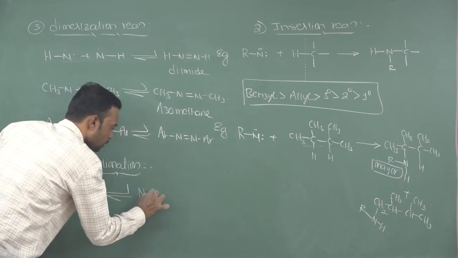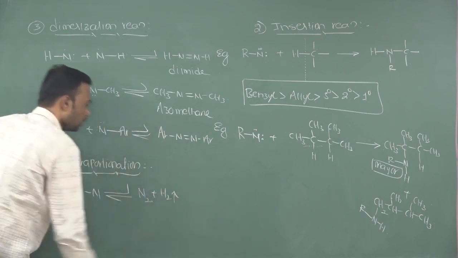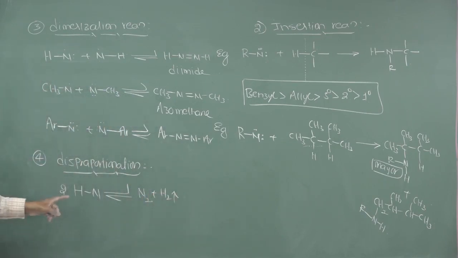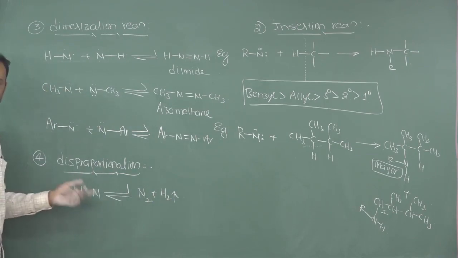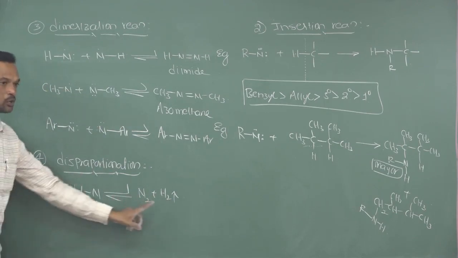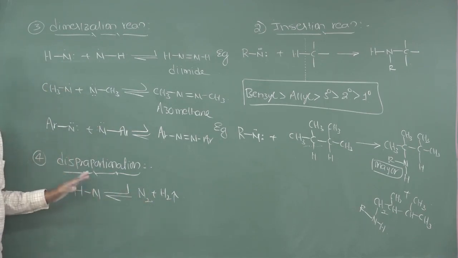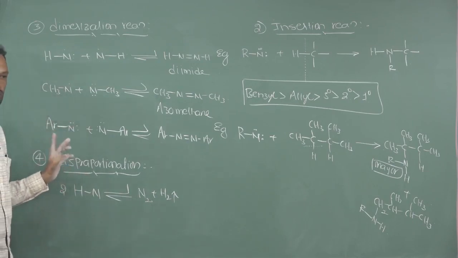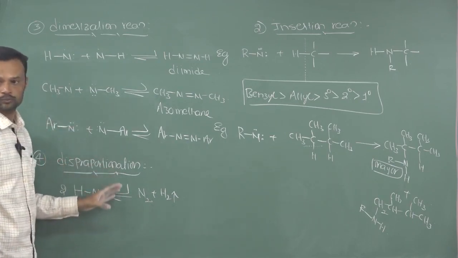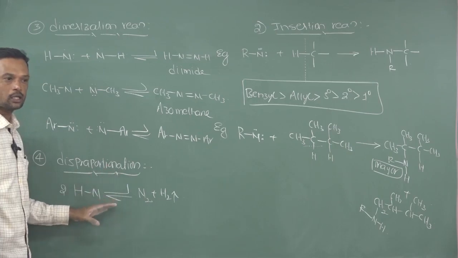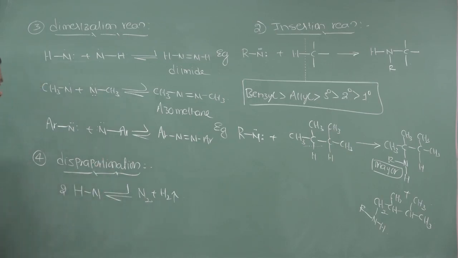This will give N2 as well as H2. This is called a disproportionation reaction. 2 equivalents of nitrene will give N2 as well as hydrogen gas. One name reaction which undergoes disproportionation is the Cannizzaro reaction. Cannizzaro reaction is a disproportionation reaction. Right.